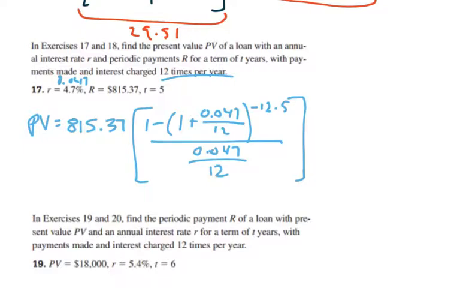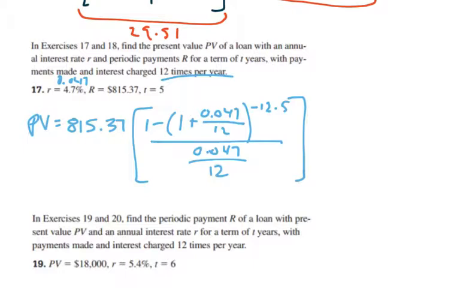So the innermost fraction there leaves us with 1 plus 0.047 divided by 12. That is then raised to the negative 60 for 12 times 5. Then 1 minus that number is what we're looking for, and it's divided by 0.047 over 12.